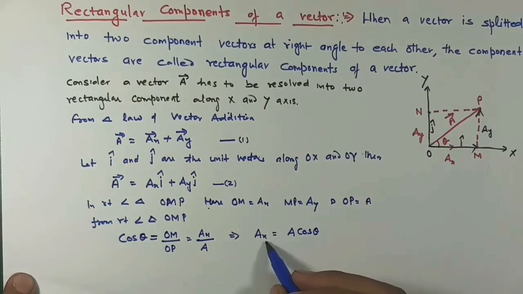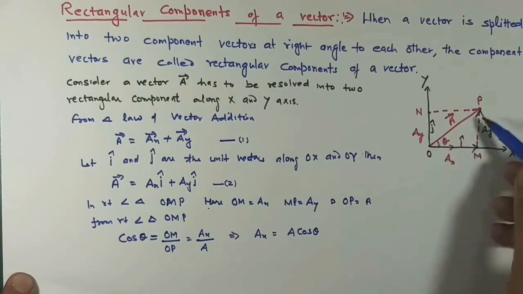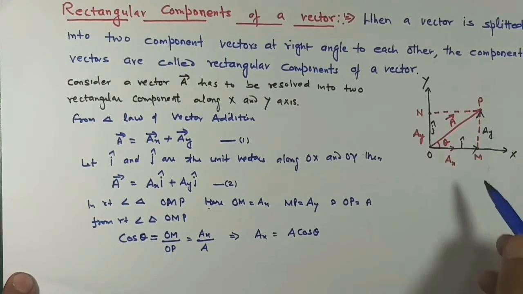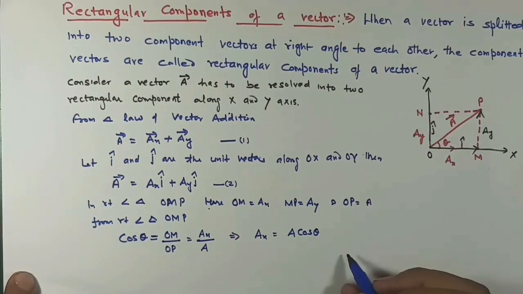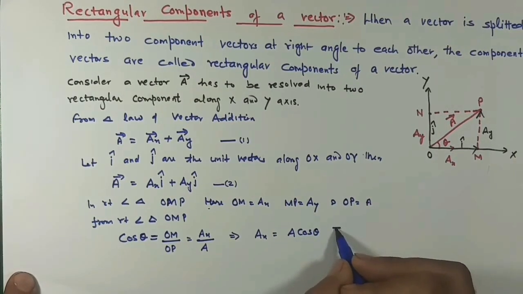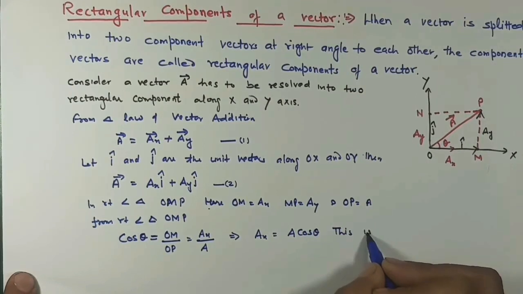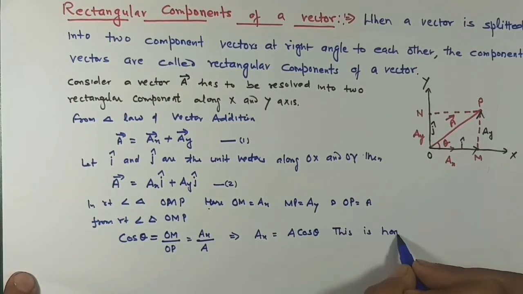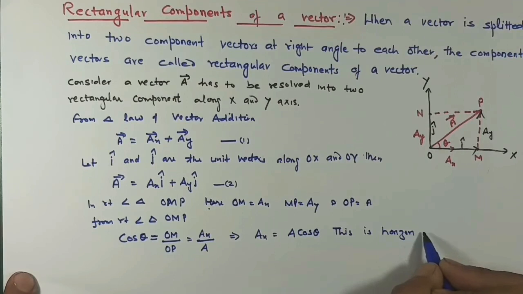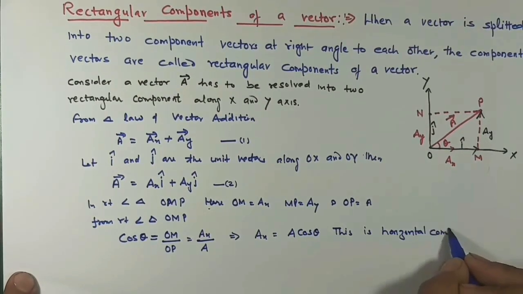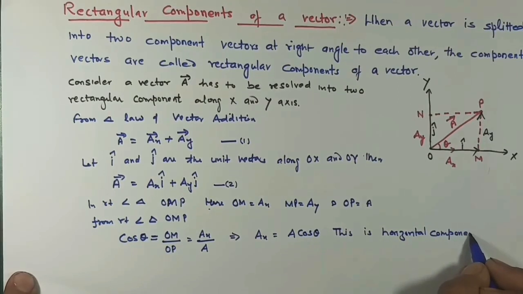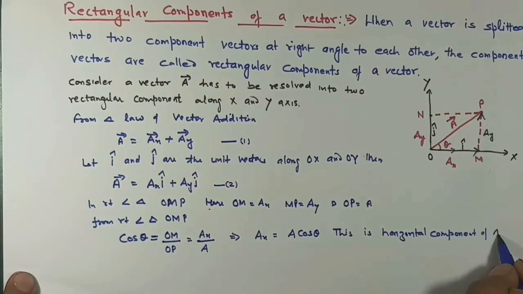So this component, this is the first component of vector A along x-axis or in the horizontal direction. So that is why this is called horizontal component. This is horizontal component of vector A, right? Take it as equation number 3.